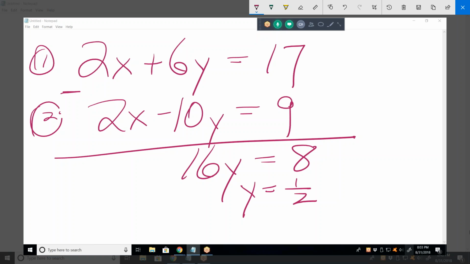I know you got 0.5 by doing it on your calculator. It's 1/2. 8 over 16. You're going to divide the top by 8 and the bottom by 8. It gives you 1 over 2.